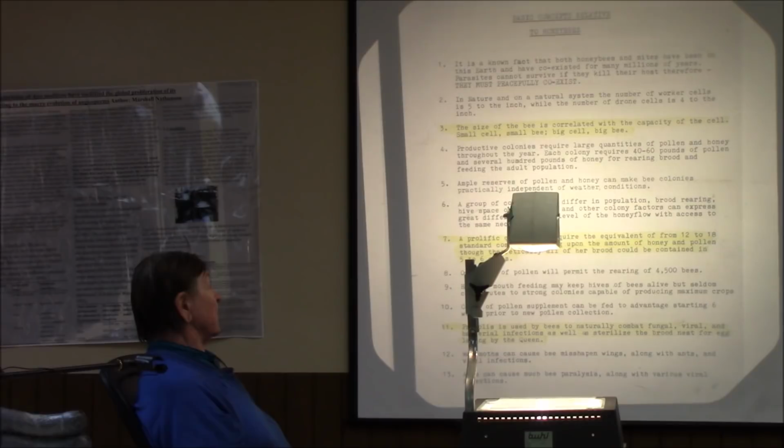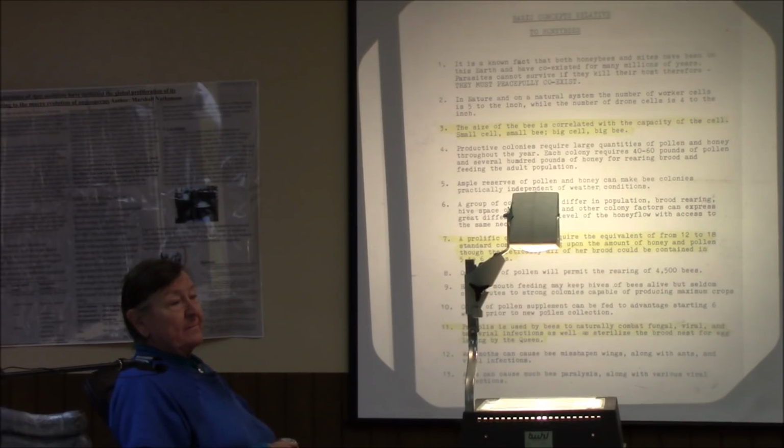Okay, a group of colonies that differ in population, brood rearing, hive space organization, and other colony factors can express great difference in the level of the honey flow with access to the same nectar flow. What does that mean? It means there's a division of labor. Babies need more help.